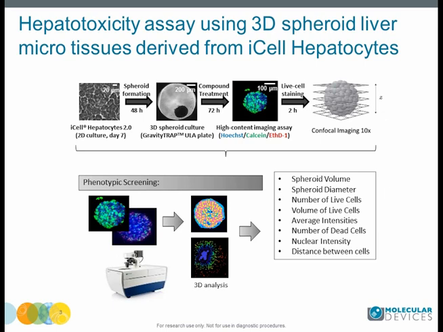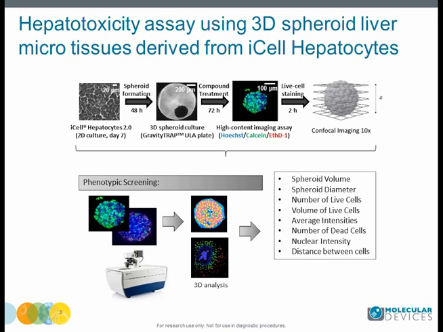Scientists from Cellular Dynamics, Michael Hancock and Coby Carlson, developed a protocol for cell culture and formation of spheroids. iCell hepatocytes were preplated first in the 6-well format, then after 7 days plated into low attachment plates, Sphero or Corning plates. Formation of spheroids was observed in 48 hours. Then spheroids were treated with compounds known to have liver toxicity for 72 hours.